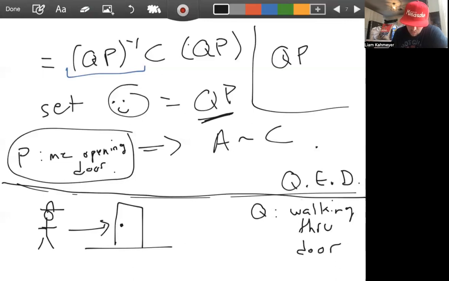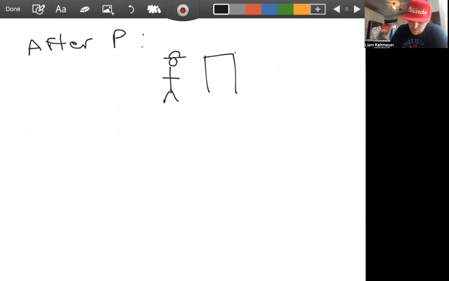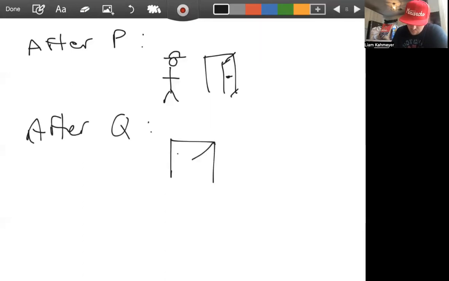So, new schematic. Now the door is open. And then after Q, I walk through the door. There's me on the other side.